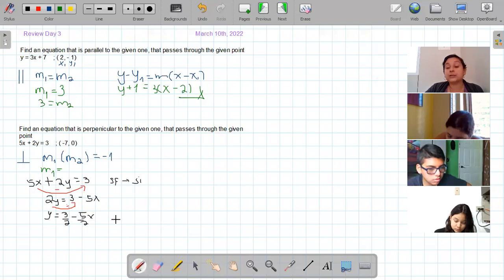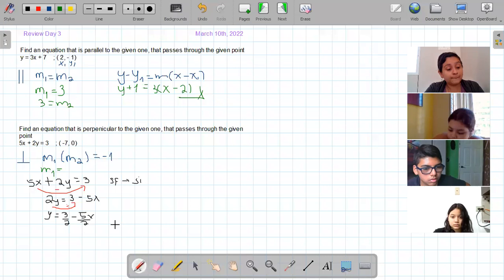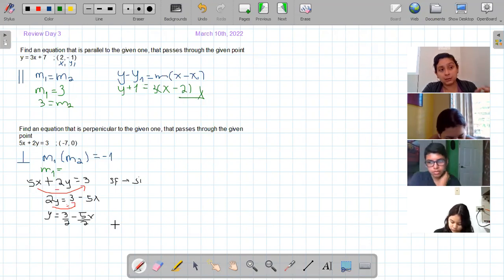What is the slope in this transformed equation? This is the slope in that equation, guys.